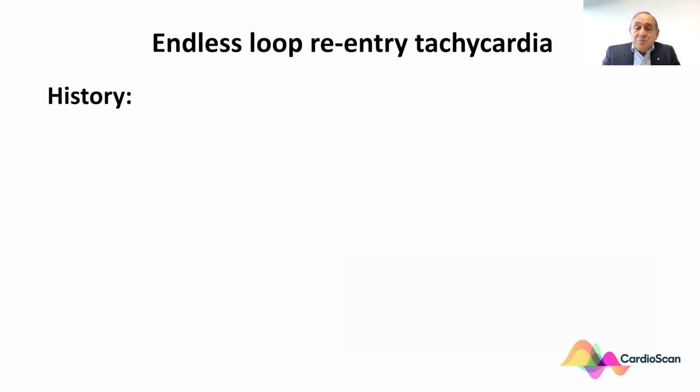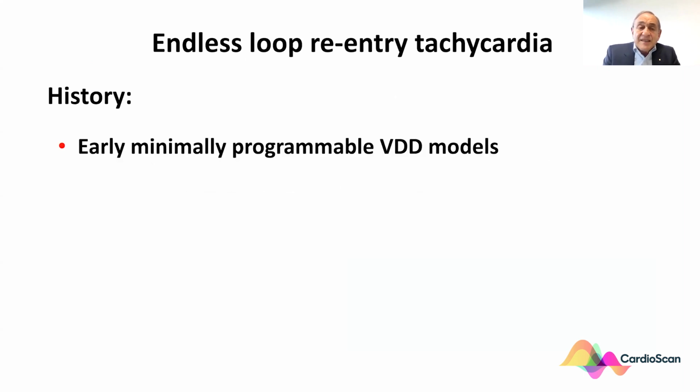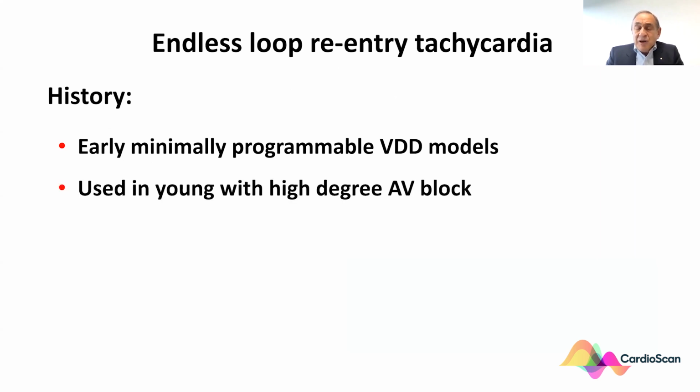Historically, endless loop tachycardia were recognized in early, minimally programmable VDD models. These were implanted in the young with high degree atrioventricular block. And because they were usually minimal programmability, even VVI could not be programmed. And as a result of that, the endless loop just remained.